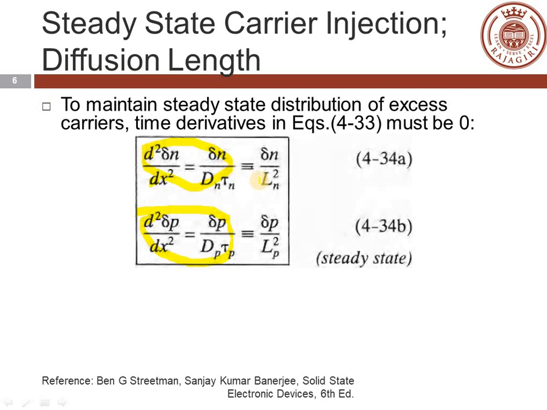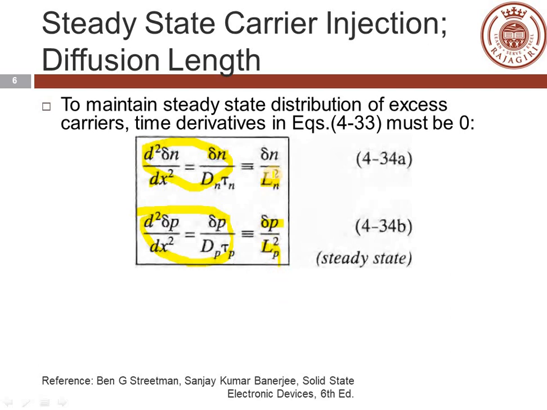Now, approximating this equation as delta n by Ln square, and in the second equation for holes just delta p by Lp square.